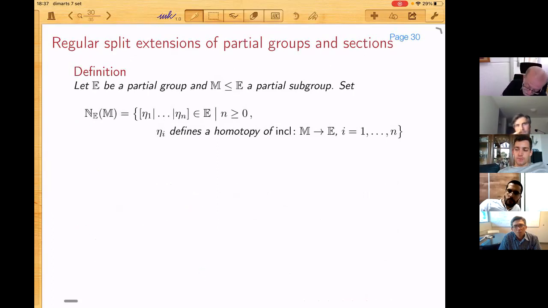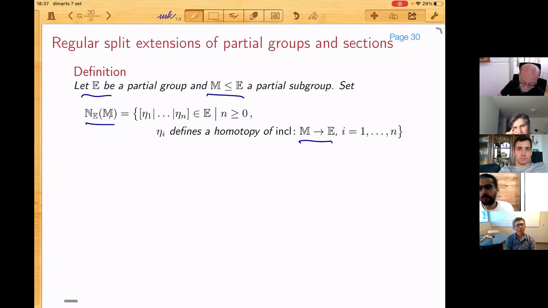So, given a partial group and a partial subgroup, we'll define something which somehow generalizes what we said about the normalizer before. And this is the normalizer of M in E, right? So the normalizer of the small thing in the big one. So this is the simplices in E such that each one of the edges defines a homotopy of the inclusion of M in E, right?